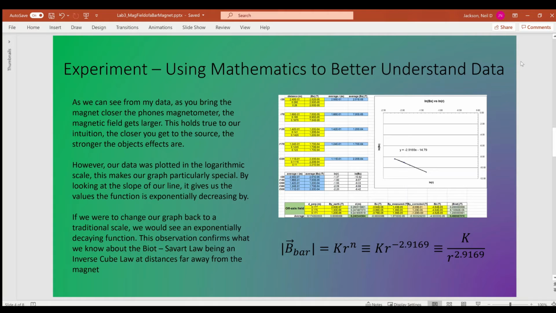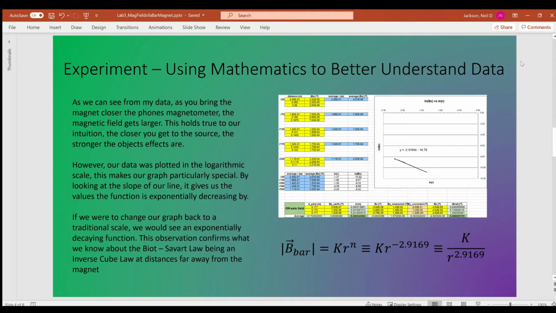This is very special. First off, we can immediately tell that the slope of the graph, thereby our n value, is negative 2.916. Because we're in a logarithmic scale, if we were to switch this back to a normal linear scale, this line would transform into an exponentially decreasing function.